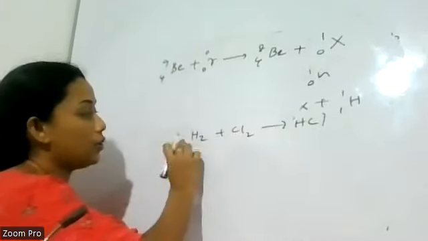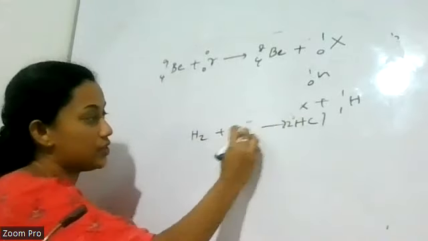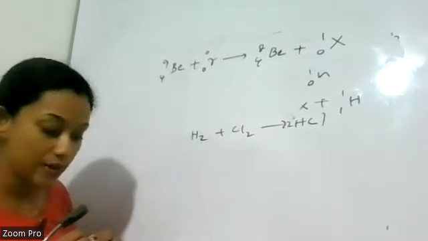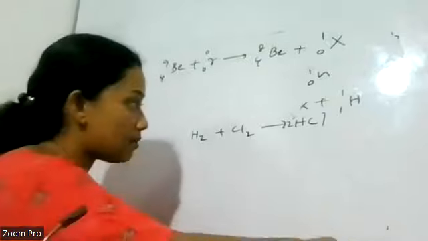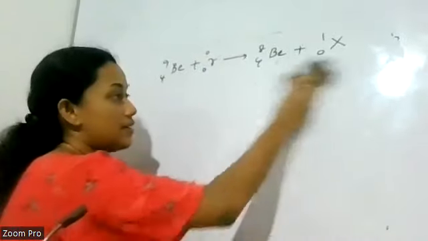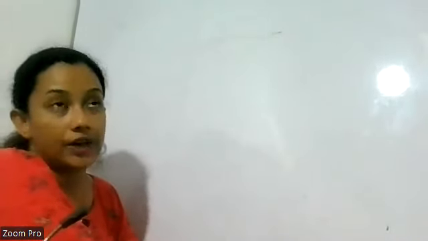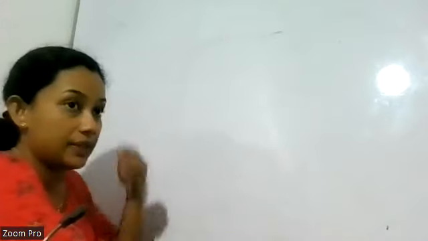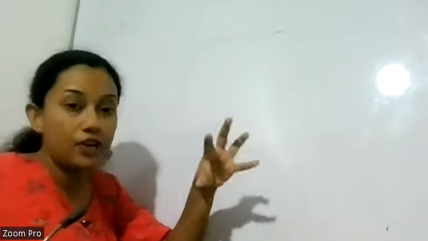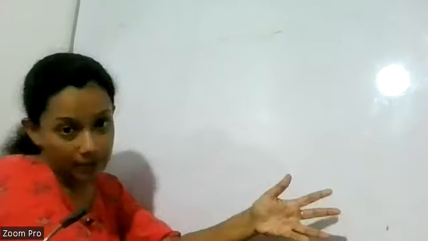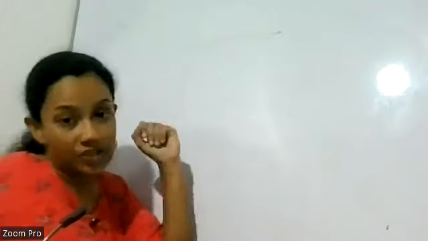Here, 2 hydrogens, 2 chlorines, like that, normal reactions. Today our topic is balancing redox reactions. To balance redox reactions, you have to have an idea about oxidation numbers, how to find the oxidation number of each element in the reaction.